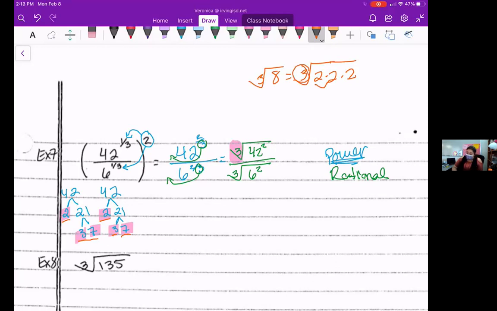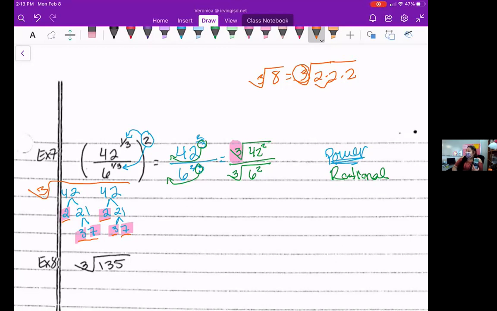Here, I just broke this 42 squared in here, right? So essentially, I'm looking for the cube root of 42 times 42. Instead of multiplying 42 and 42 together, which is 1,764, I left it like that, and I'm breaking it down separately. So 42 is 2 times 21, and 21 is 3 times 7, right?